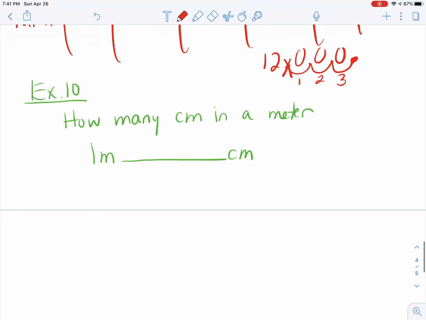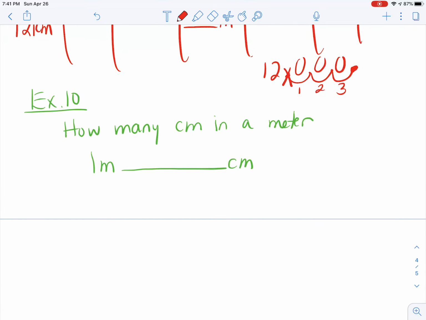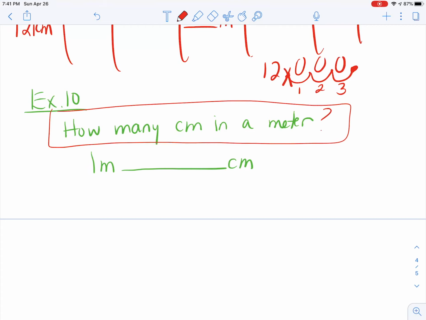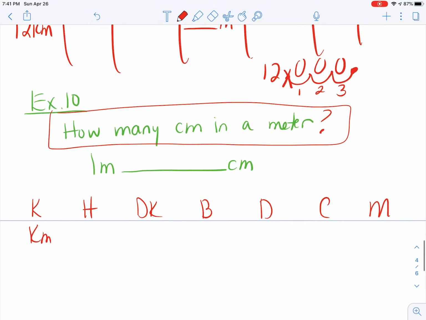How many centimeters are in 1 meter? So notice how I set that up. Even though it was worded this way as a question, it's really just wanting to know that 1 meter is how many centimeters. King Henry died by drinking chocolate milk.